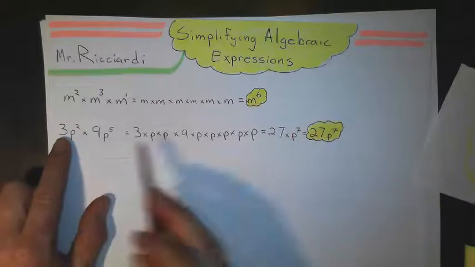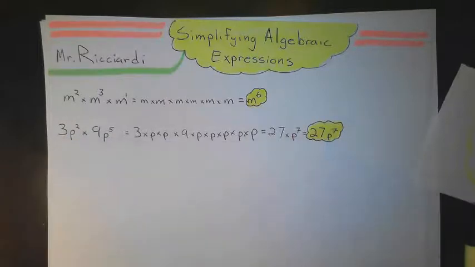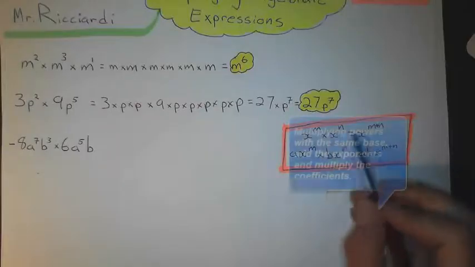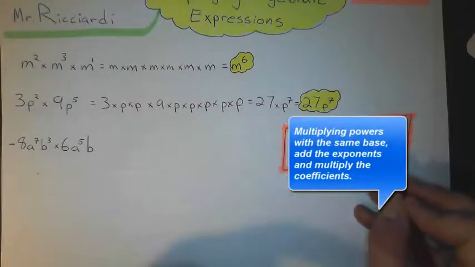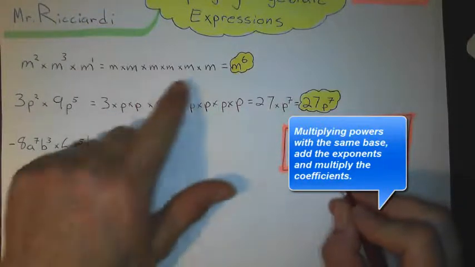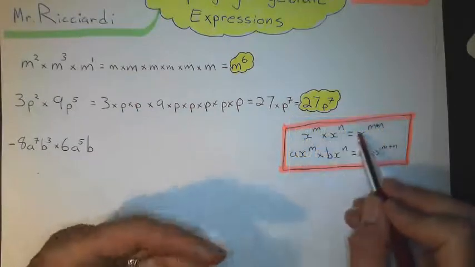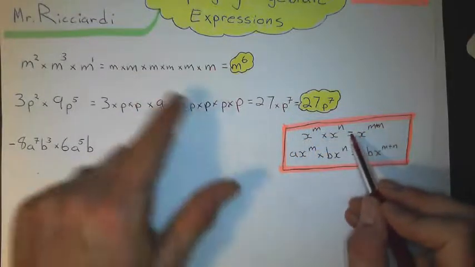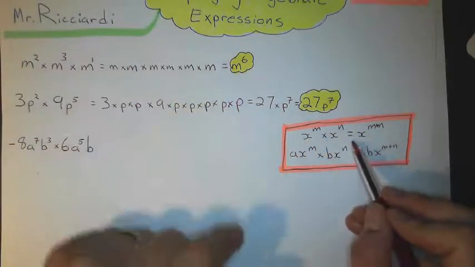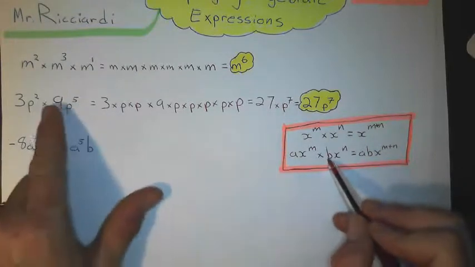Okay, so we can come up with a general rule if you want to write it down. Okay, so here's our general rule, and I messed up right there. That is a plus m plus n. So if we have no coefficients, like this one right here, we just add the exponents. Okay, like we did here. 2 plus 3 plus 1 is 6. And if we do have coefficients, like we did in here, we multiply the coefficients.